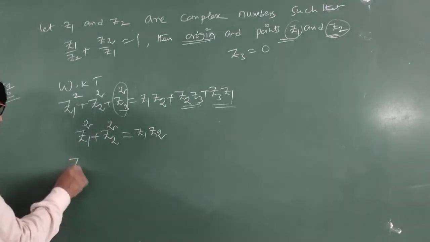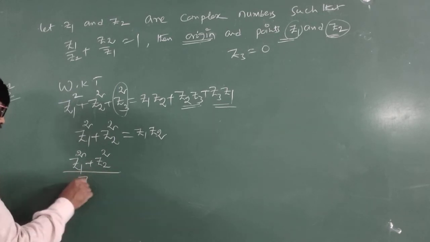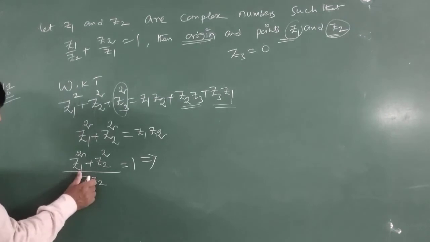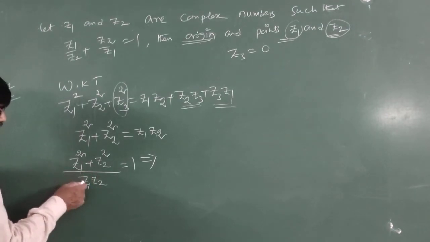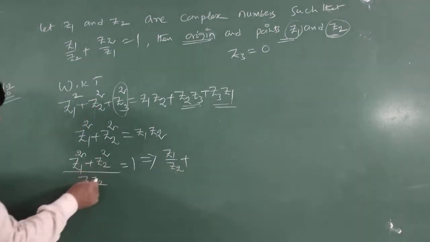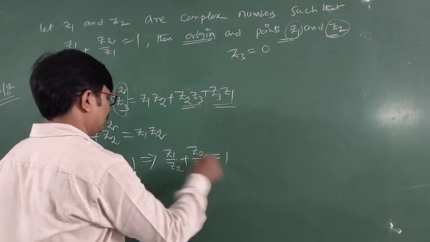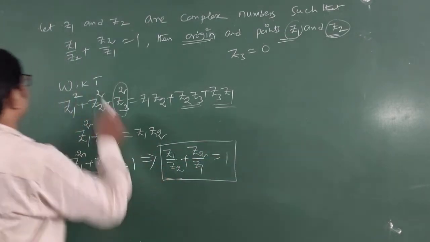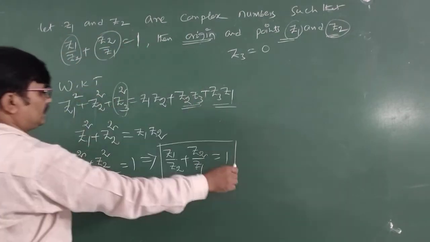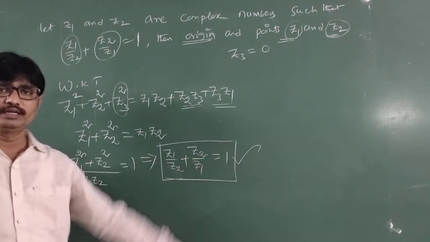Now divide both sides by Z1 Z2. Then Z1 by Z2 plus Z2 by Z1 equals 1. So we got Z1 by Z2 plus Z2 by Z1 equal to 1.